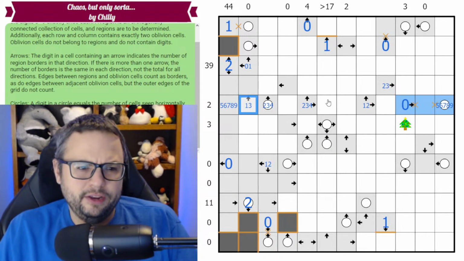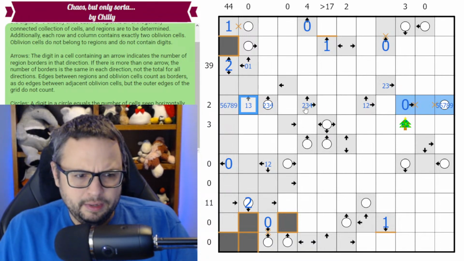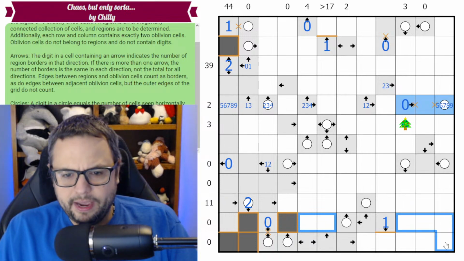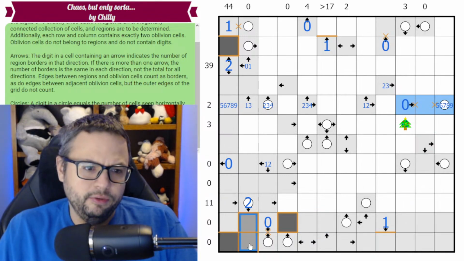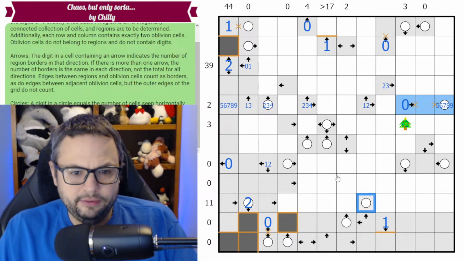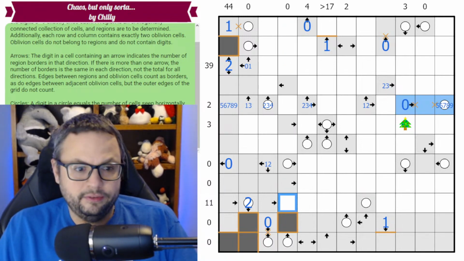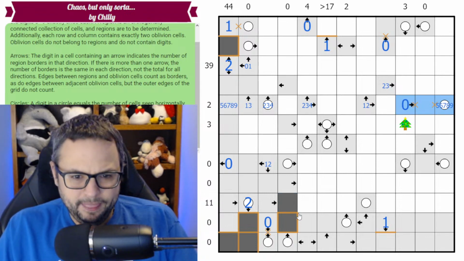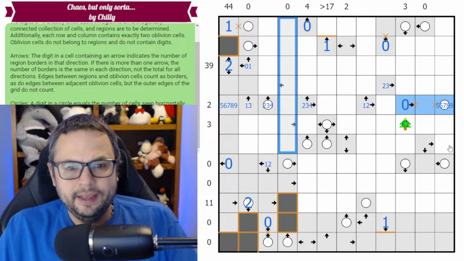This being a 3 strikes me as being potentially quite difficult, but I'm not 100% sure. Oh, Nikolai points out that we can gray all the rest of this because there's only 2 Oblivion cells in each of these. Certainly this column, I know how to make a 0-cell sum, given how many cells I have to work with, which is not very many.